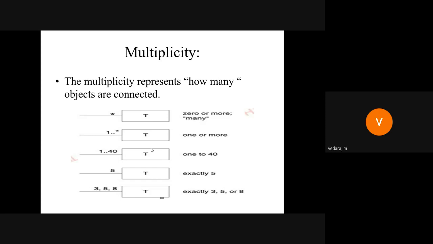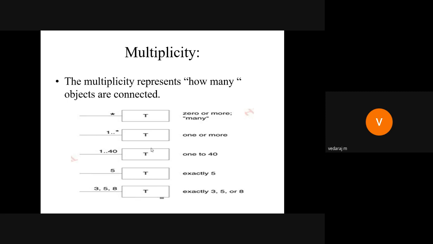See the different notations. Asterisk represents 0 or more. One dot asterisk is called one to many relationship. 1..40 represents 1 to 40: a single object is connected with 1 to 40 other objects.